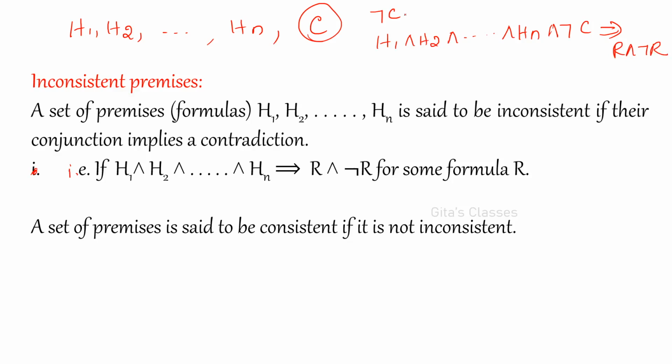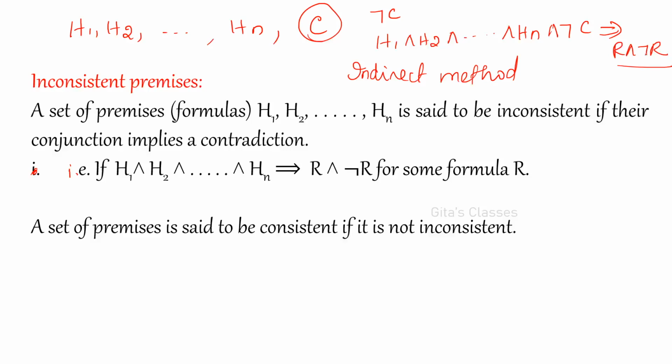Negation of the conclusion is taken and added as an additional premise, and we arrive at a contradiction. So if the indirect method is mentioned in the question, to prove this is a valid conclusion, what you have to do is take the negation of the conclusion, add it as an additional premise, and arrive at some contradiction. Okay.